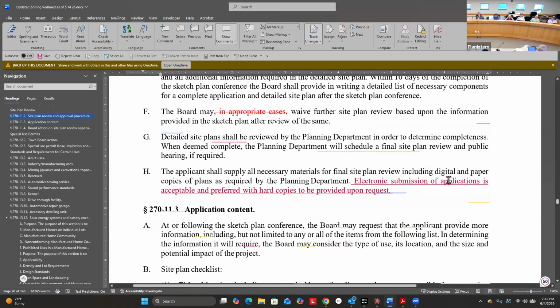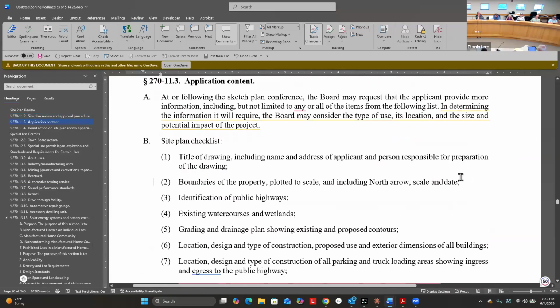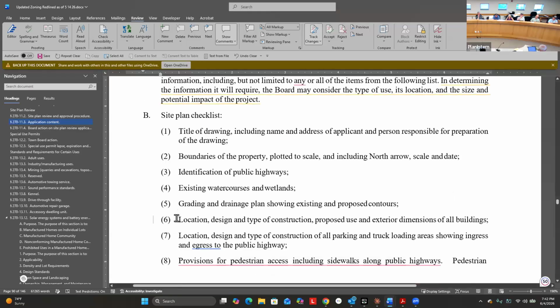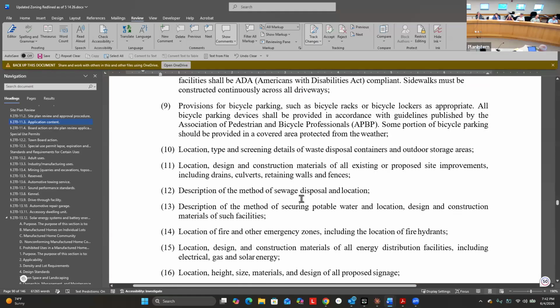Okay. Other sections, any comments on other pieces here? The next one that I have from the housing committee is section 11.3.15.